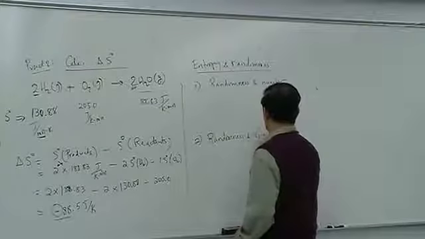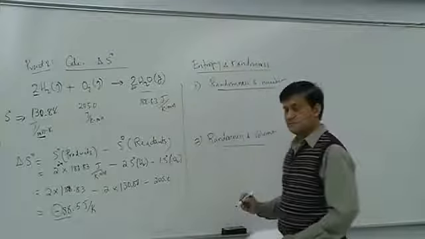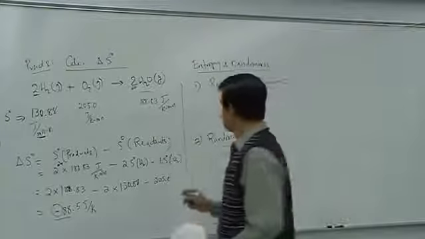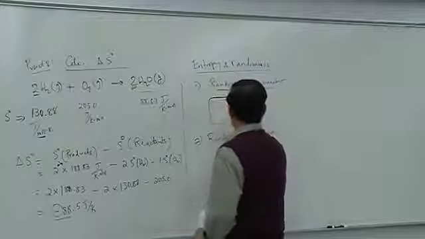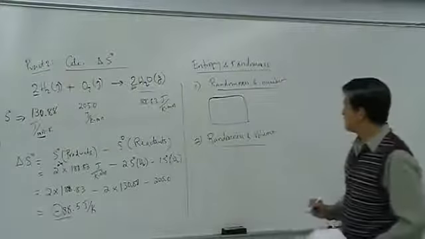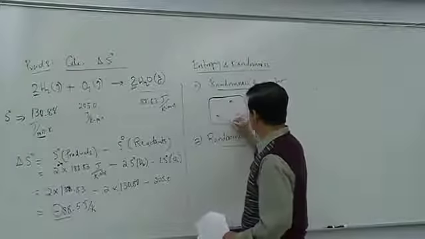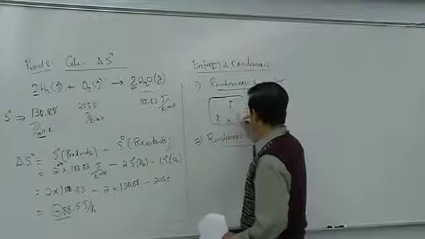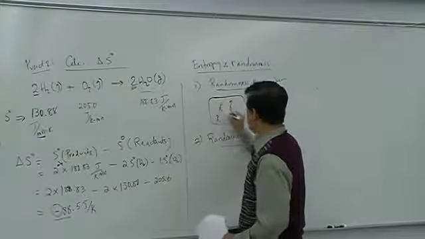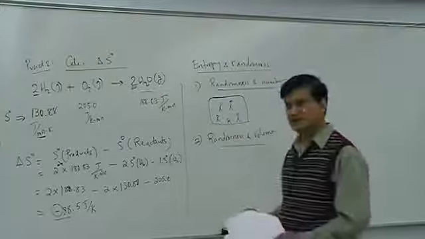Volume or free space. Randomness and number. Think about this is a room where I have 5 kids running around. These are 1, 2, 3, 4, 5. They're running around. And I'm looking for one particular kid.